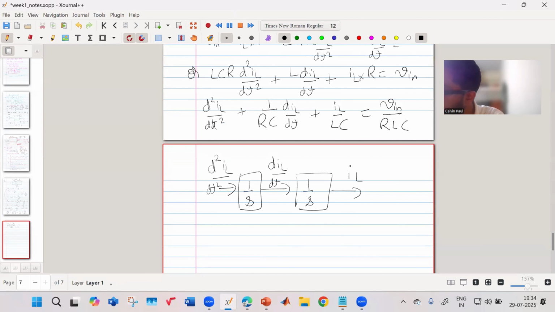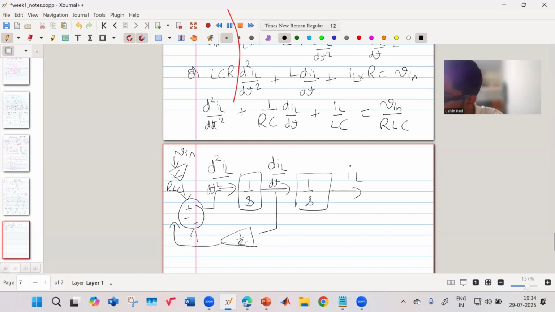Now this d2IL by dt2 is scaled by 1 upon RLC, and this is Vin. So this is Vin upon RLC minus dIL by dt scaled by 1 upon RC.